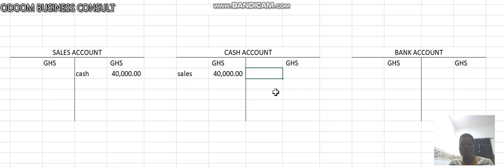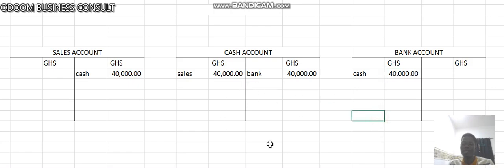So cash will be credited in the name of bank because it is going into the bank account, 40,000. And then bank receives it in the name of cash, 40,000. So this is the complete recording.